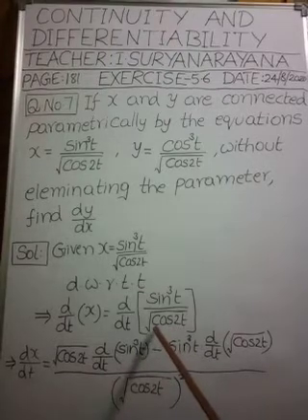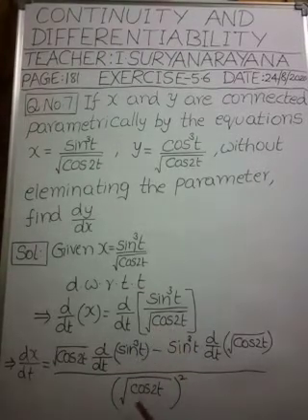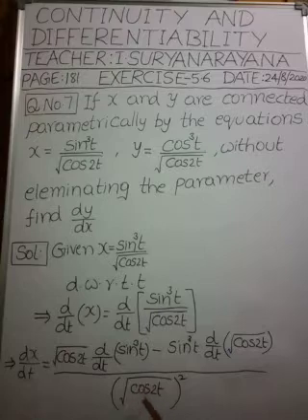What is the denominator here? Root cos 2t. So square root of cos 2t whole square. Understood the denominator part, my children?